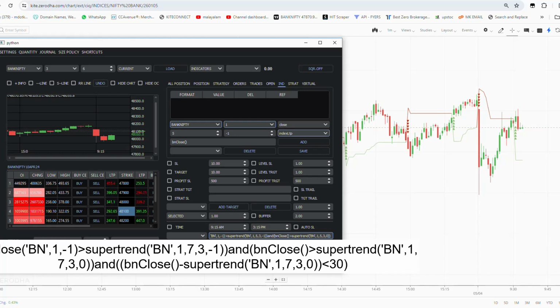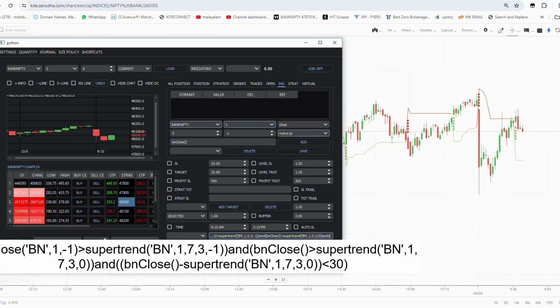So the second condition is added. And the third condition is that the difference between the current LTP and the SuperTrend value should be below 20 or 30.